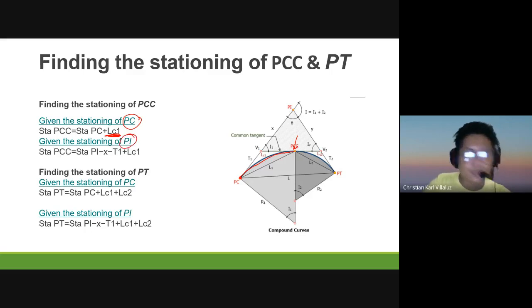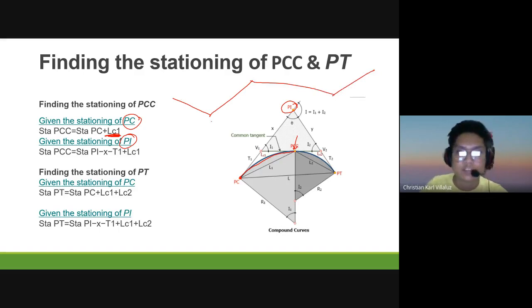But what if yung given is yung stationing ng PI? So syempre kasi at initial survey, ang mga given lang naman talaga dyan ay yung mga traverse at yung stationing ng mga point of intersection.